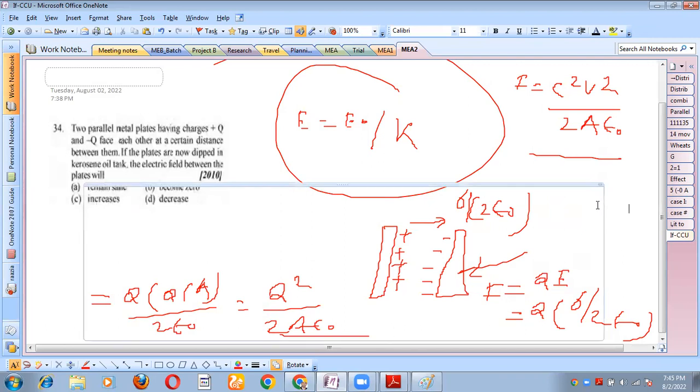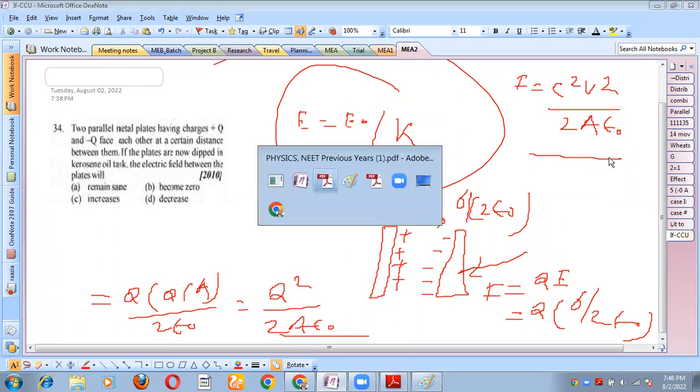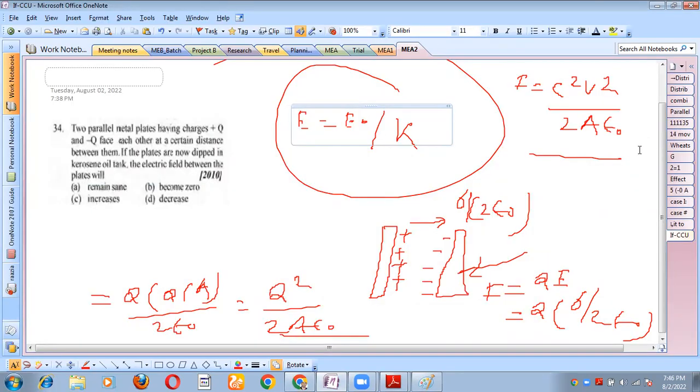C is epsilon naught A by d. You have to answer in terms of d, right? So you can put the value of A epsilon naught.